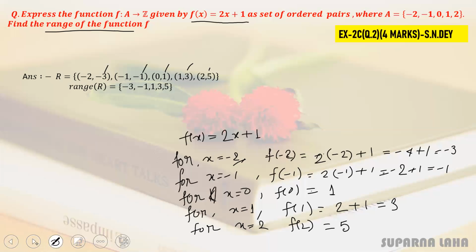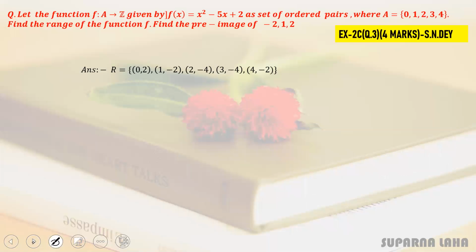So moving to the next question. Let the function be given by x square minus 5x plus 2. Firstly, you need to write down its ordered pairs. Then you need to find its range also and the pre-image for minus 2, 1 and 2.